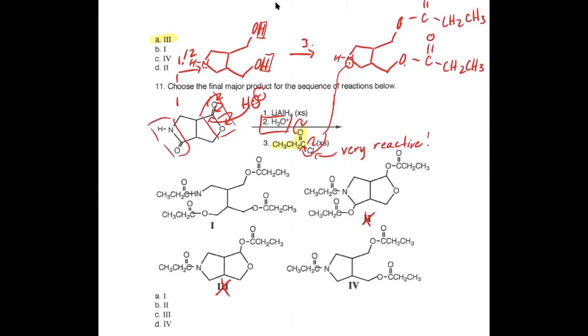So that's exactly what we're going to want to do here. So we're going to have that connection. We take the carbonyl piece of that acid chloride, and we just combine it right there.